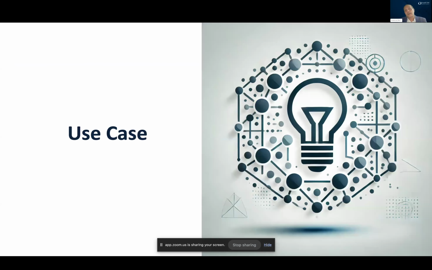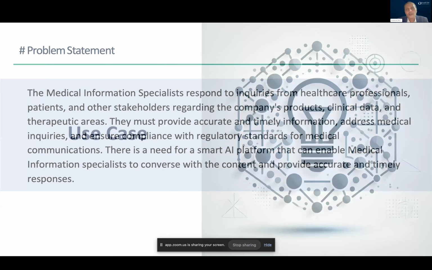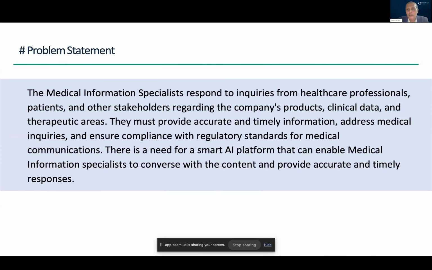All right. Having said that, now I believe this is the time to look into a real-time use case that we have taken up at FocalCXM. As we mentioned, FocalCXM is a software company primarily focused on the life sciences industry. So the use case we are going to showcase here is a problem statement in the life sciences industry.